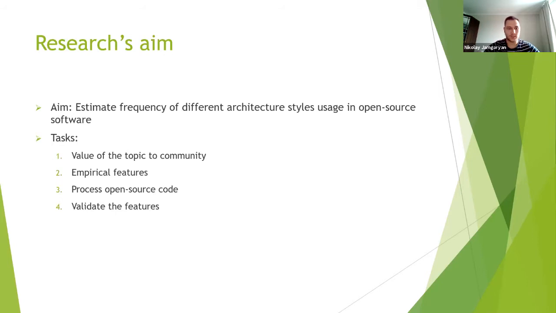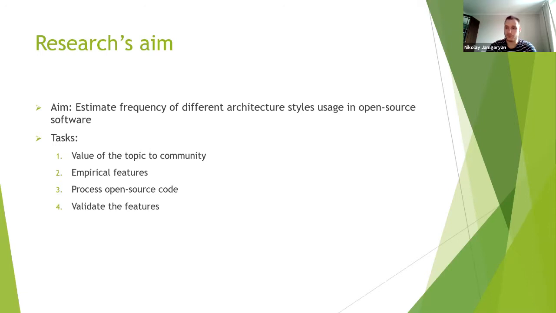First of all, we have to estimate the value of the topic to the community of practitioners, developers. The next thing, we have to develop a set of empirical features by using which we can identify the usage of software architecture styles. The third step will be to process some open source code to get some statistics on which styles are used.